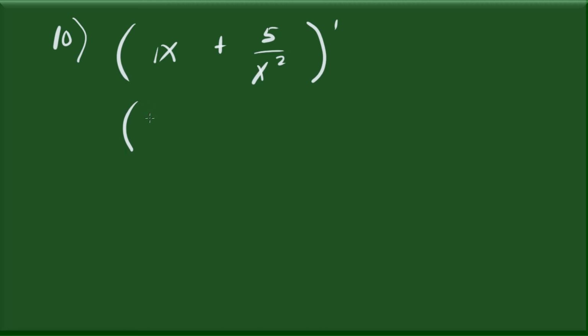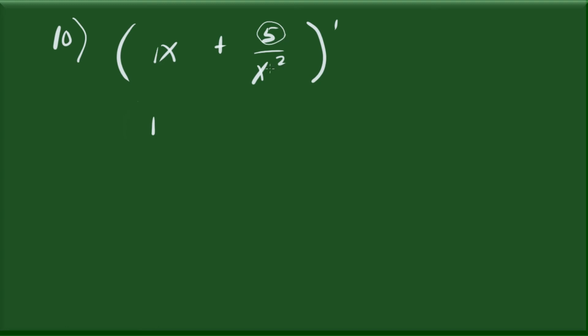To make it solid for number 10, I'm going to show that again. Let's say you have 5 over x squared prime. If it's plain x, we know the coefficient is 1, and thus the derivative is going to be 1.